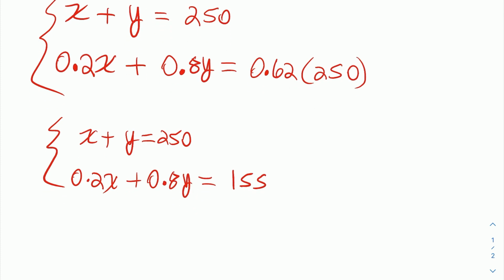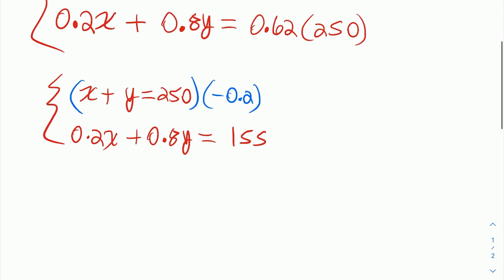Now we're going to solve this system of equations by addition or elimination. I'm going to multiply that entire top equation by negative 0.2. That top equation will become negative 0.2x minus 0.2y equals, and I'm doing 20% of 250, and 20% of 250 is just 50.